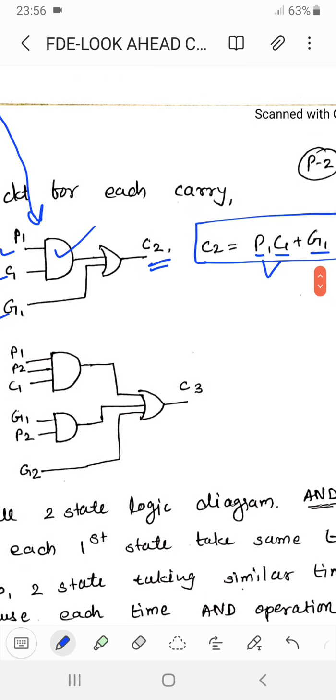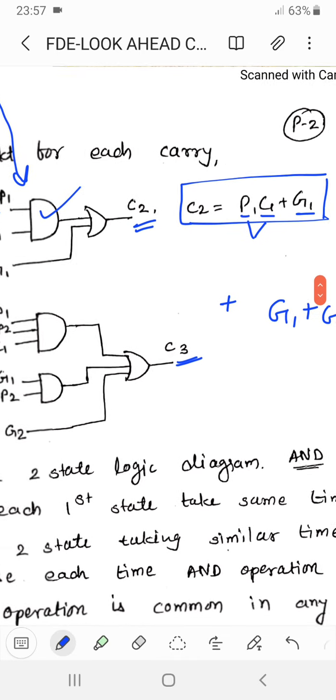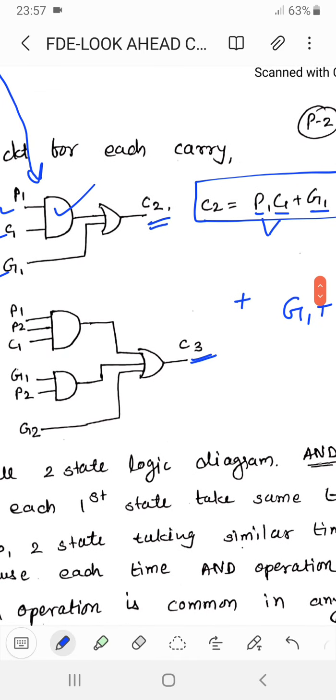So for the carry 3, we know that you require G2 plus G1 P2 plus P2 P1 C1. Here the multiplications are P2 P1 C1, and here only P2 with G1.